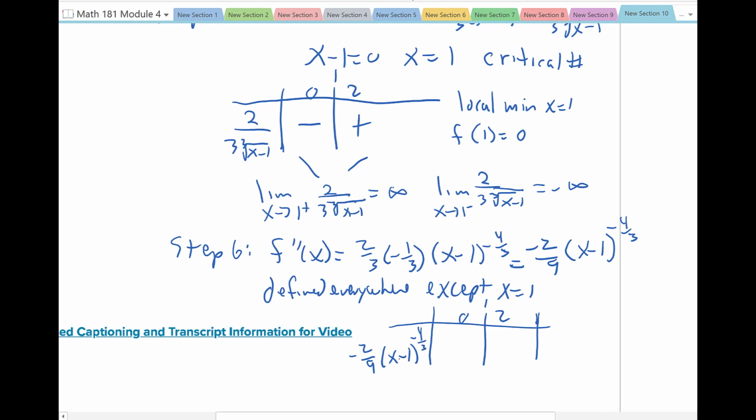Putting a 0 in there, 0 minus 1 is going to be negative 1, and the cube root carries through the negative. However, it's to the 4th power, so that gets rid of that negative, and then the negative out front for the 2/9 is there, so the negative is still there. Put a 2 in there, it's positive from the stuff inside the parentheses and the power, but the negative is still there. So it is concave down the whole time.